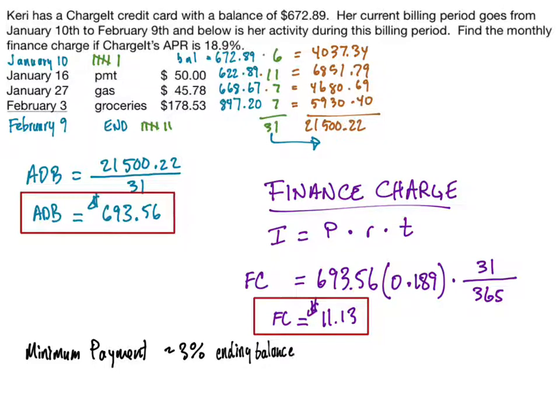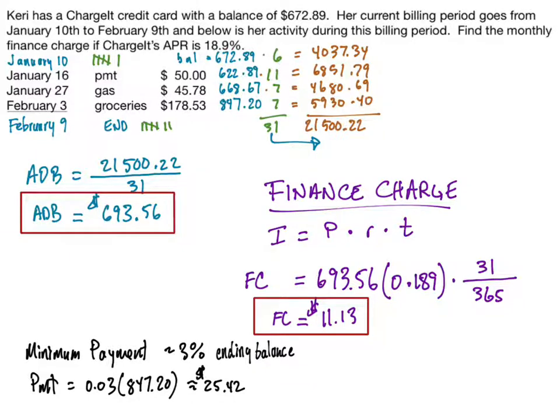So if we take 3% of our ending balance, which was $847.20, if we got a statement from our credit card company, they would say the minimum payment is 3% of that balance, which turns out to be $25.42. A lot of times, if this payment is less than 25, let's say it turned out to be $11, they might say, well, your minimum payment is a fixed $20. But in this case, let's go with the $25.42.